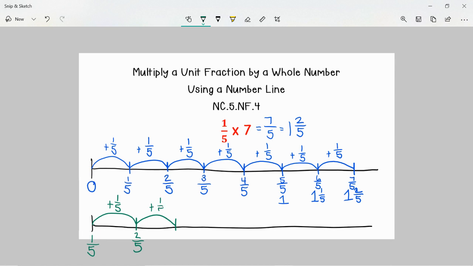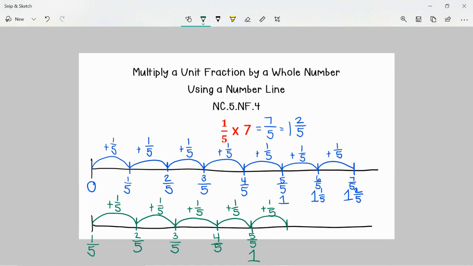Then another 5th would be 3/5. Another 5th would be 4/5. Another 5th would be 5/5, or one whole.